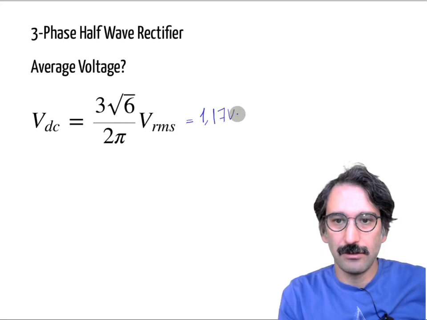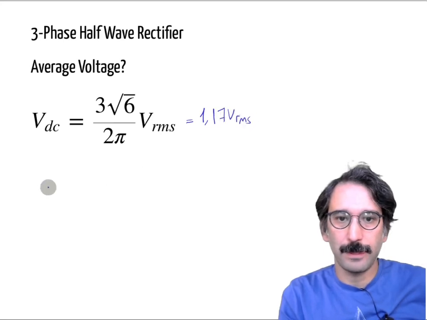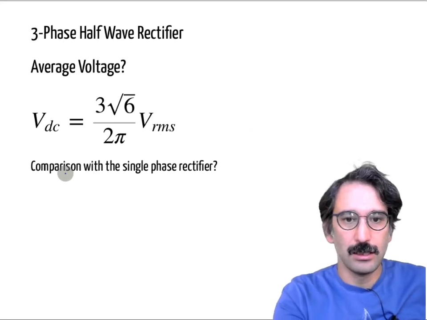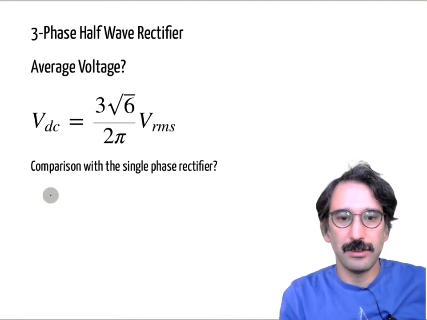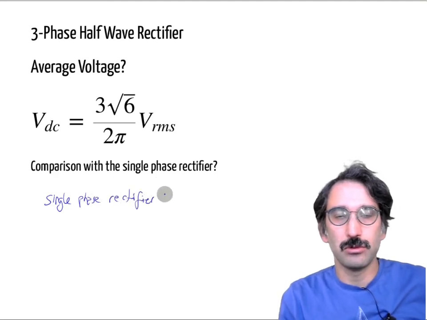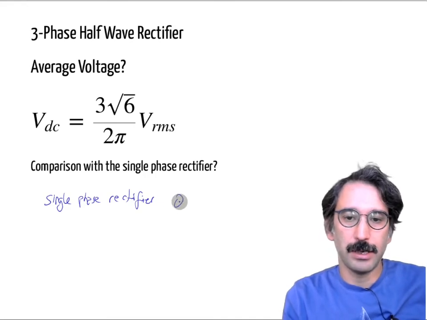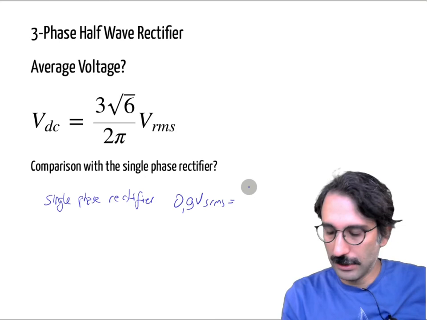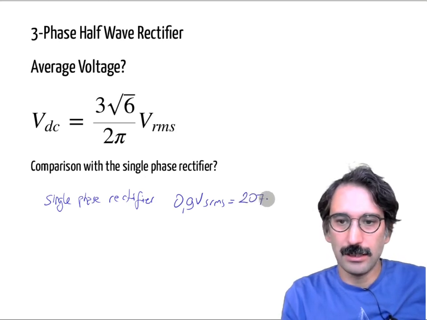and it is 1.17 VRMS. Okay, if you compare it with the single phase rectifier, remember, the single phase rectifier was 2 square root 2 divided by π, or 0.9 VRMS, and it was 207 volts.